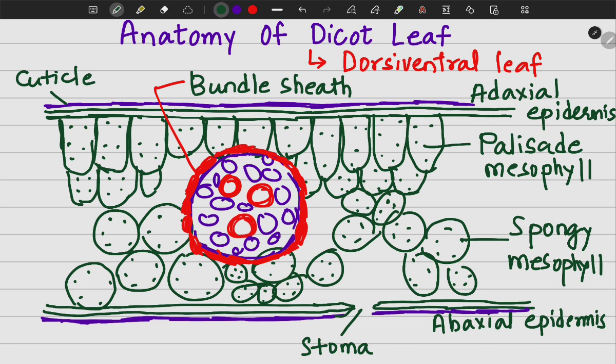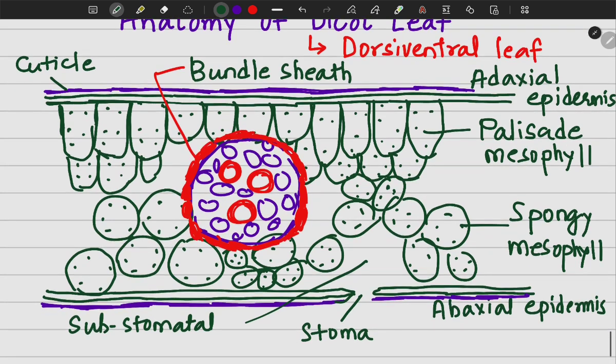So these are the substomatal cavity. And we have air spaces here between the spongy mesophyll.